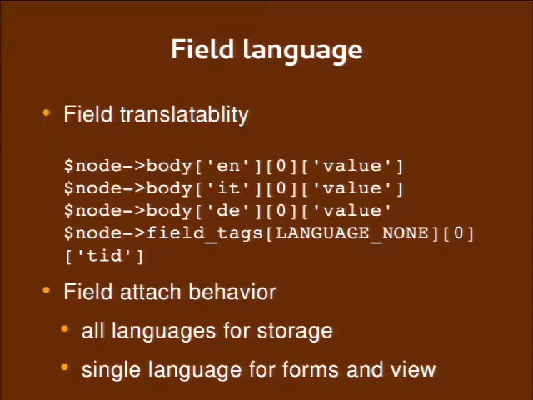The core field attach behavior is acting on all languages when it's dealing with storage operations, so it saves and loads all the field language values. And instead, when displaying an entity or an entity form, it just speaks one language and acts only on one language. Okay, let's go on.